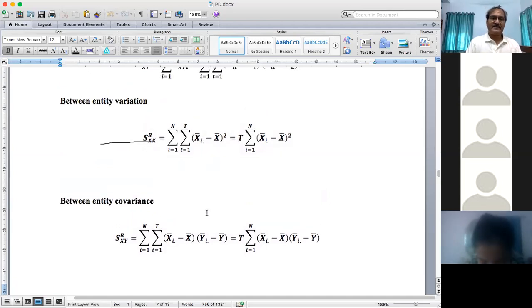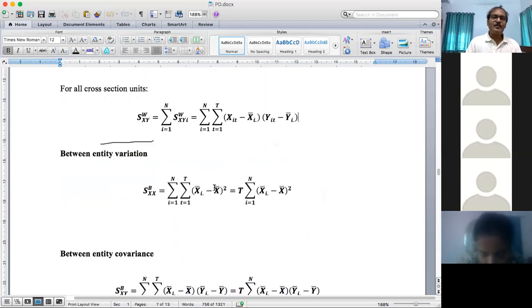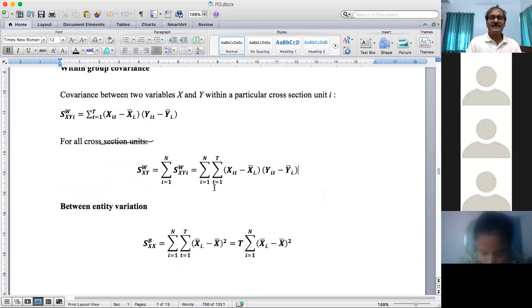How to get the within group version of the variance or covariance? To get the within group version, we have to take the deviation of the within group mean x bar i dot from the original value x it, or the observation point at any cell in the data matrix.